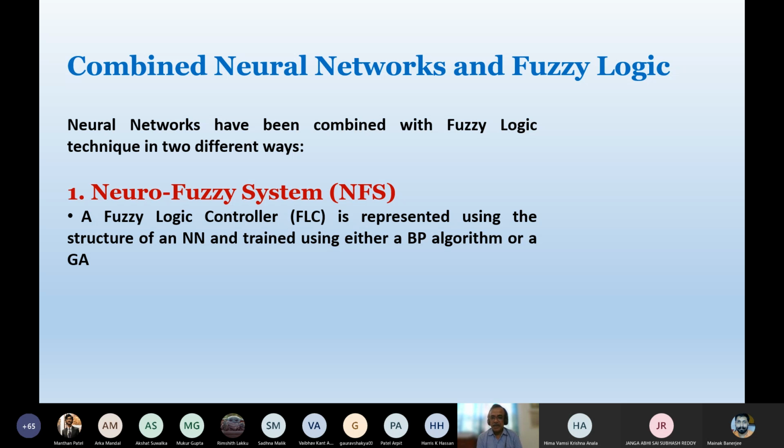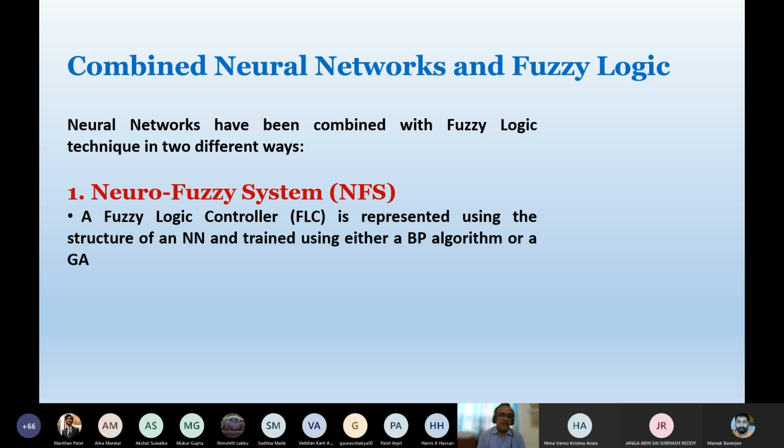Just like genetic algorithm and fuzzy logic, the combined techniques of neural network and fuzzy logic have been designed and developed in two different ways.